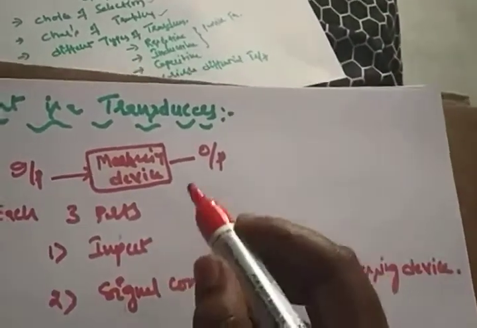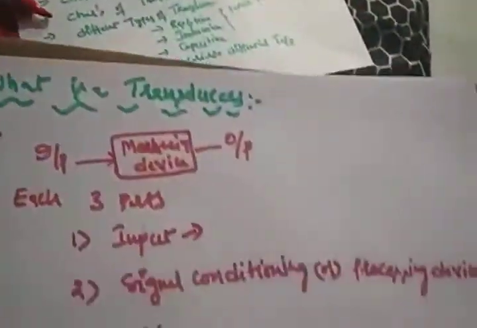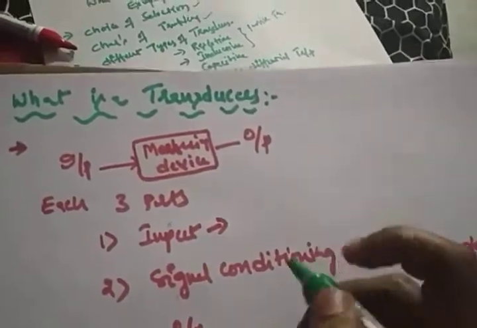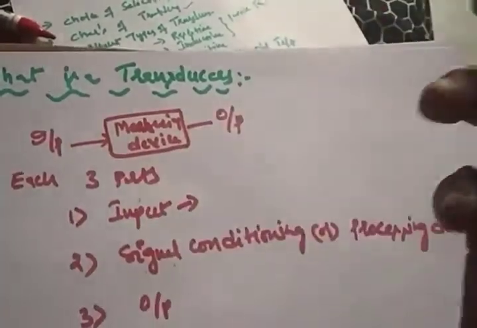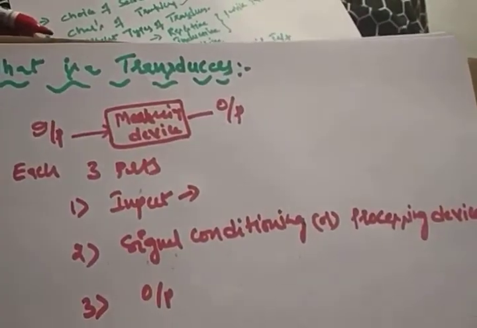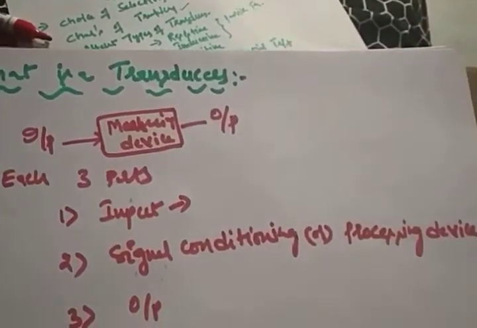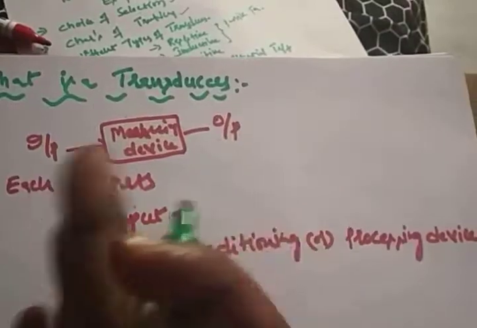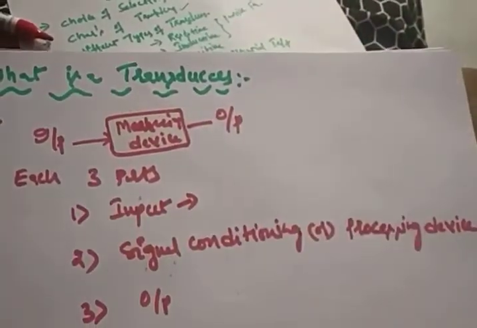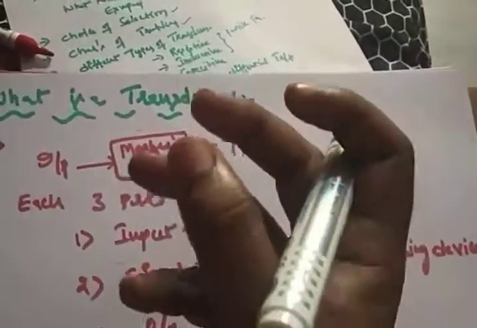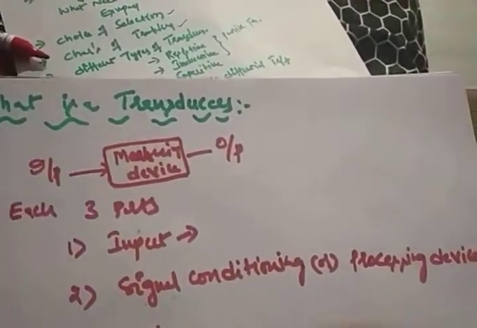So the input. Input is nothing but the signal we are giving, which we want to find out. That is the measurand. Whatever signal you give to the instrument, the instrument will read something and give the result. That input signal is called a measurand.